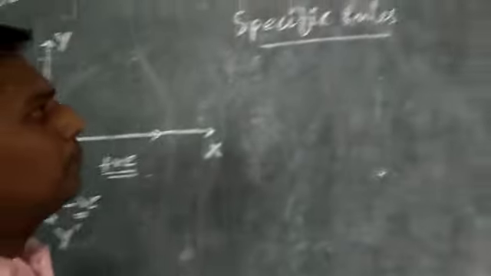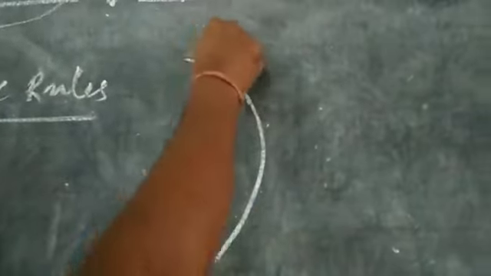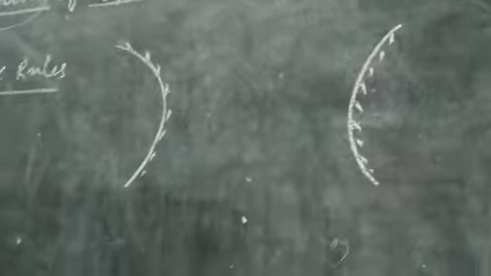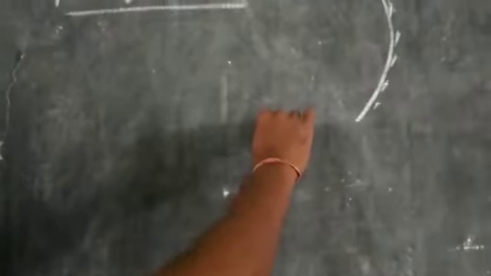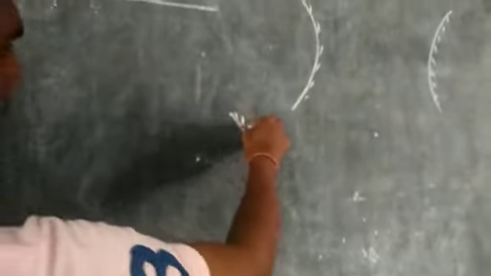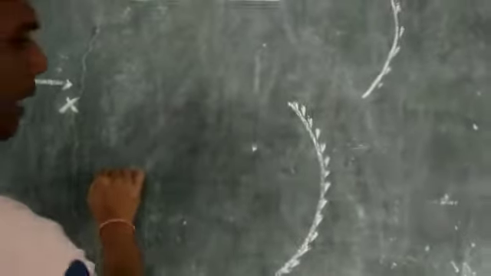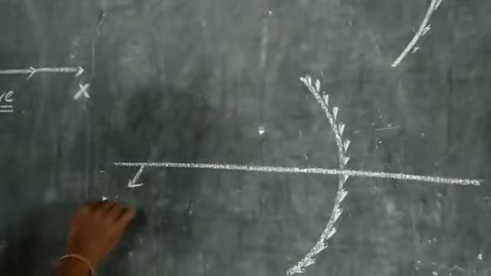There are two types of spherical mirror. One is the concave mirror, and another is the convex mirror. When we discuss the sign convention for a concave mirror, suppose this is the concave mirror, and this line is known as the principal axis.